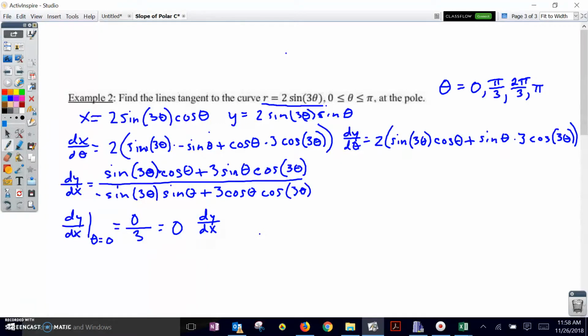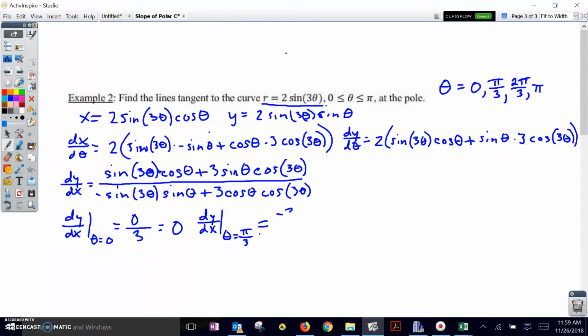dy/dx evaluated at theta equals pi over 3 is going to be more complicated for us. Let's see, that's the sine of pi, which is 0. And the cosine of pi is negative 1. So negative 3 times the sine of pi over 3. Sine of pi over 3 is root 3 over 2.